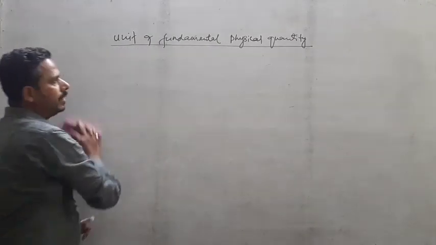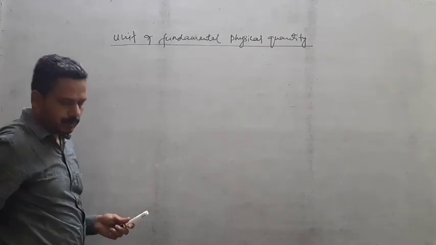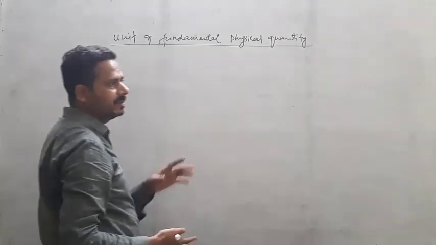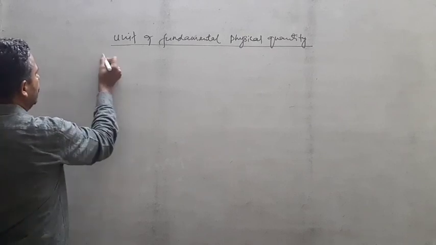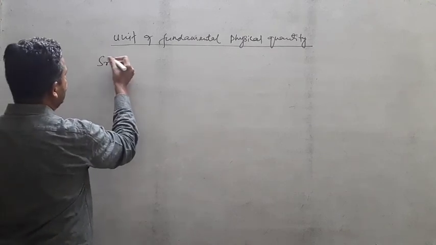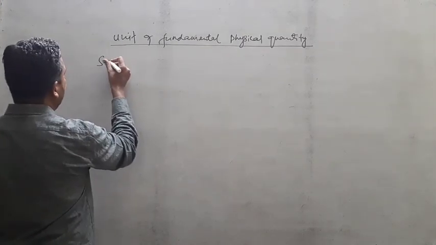How many fundamental physical quantities do we have? We know we have 7, so I am going to make a chart. You just write down accordingly.